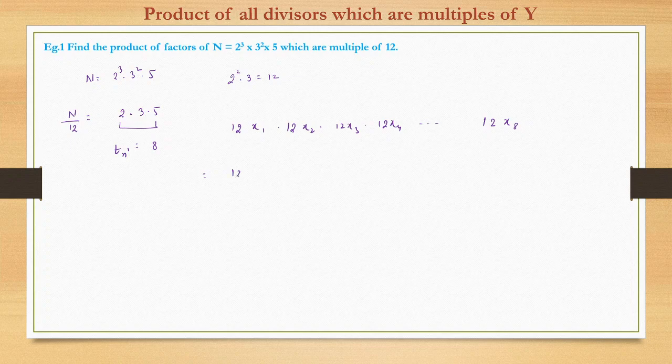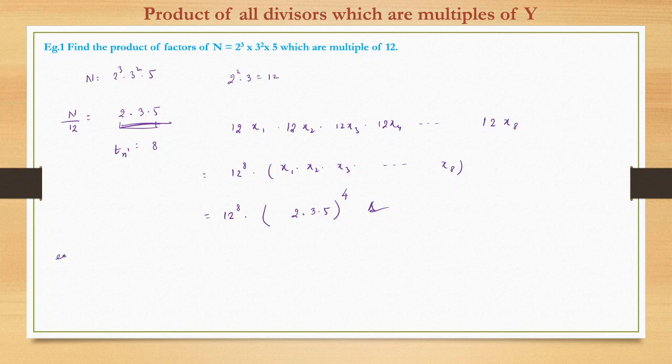So it becomes 12 raised to power 8 into x1 into x2 into x3 till x8, where x1 to x8 are the factors of this number. Remember, 2 into 3 into 5. So it becomes 12 raised to power 8 into the product of factors, which is given by the number itself raised to power number of terms by 2, 8 by 2, 4. So this is your answer.